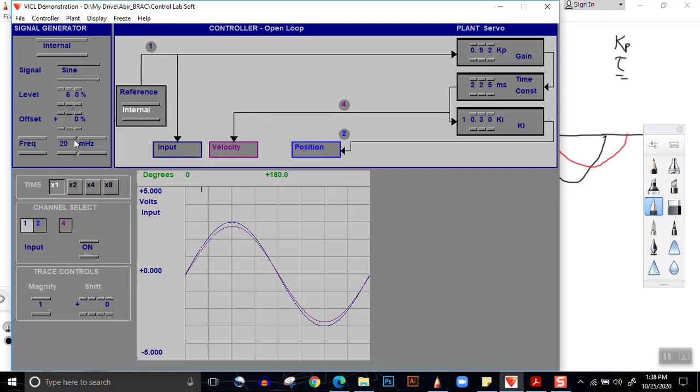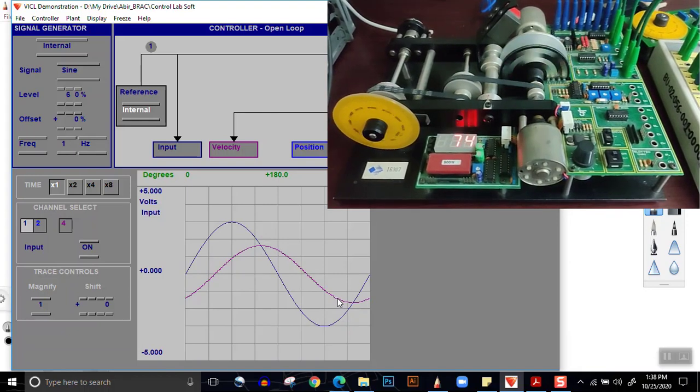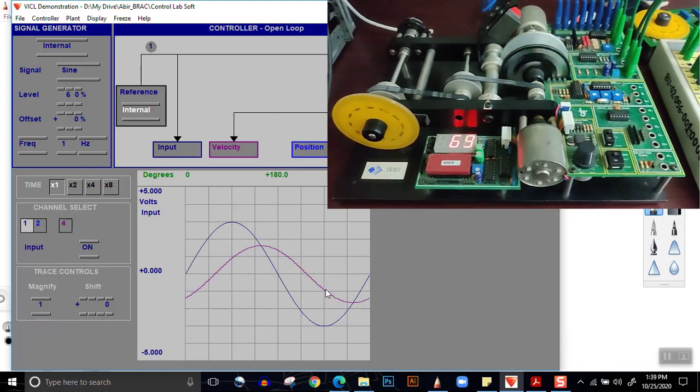And now what we can do is actually increase the frequency. So let's increase the frequency from 20 to 1 hertz. By increasing it to 1 hertz, you see it's very fast.